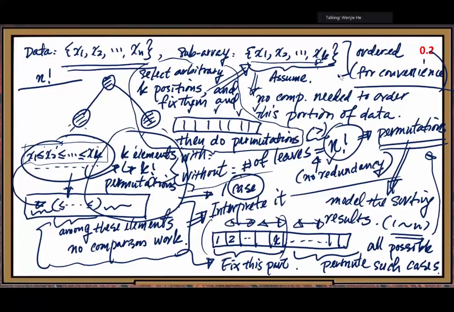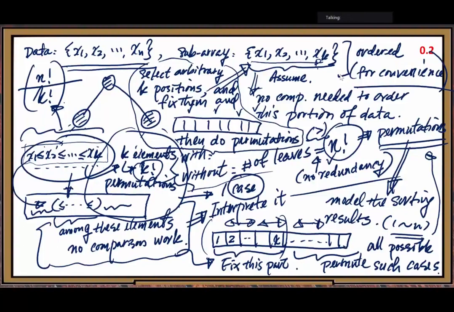That means this k factorial is treated as one, so our n factorial, we need to do division by k factorial. Then that's our total number of permutations with the given ordered information. Think about that.